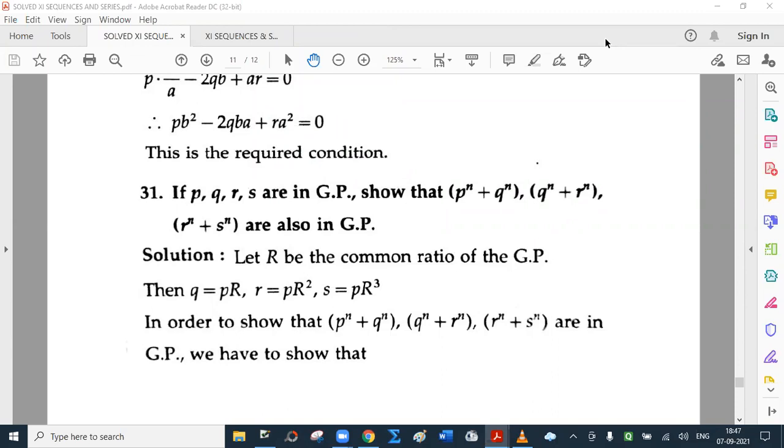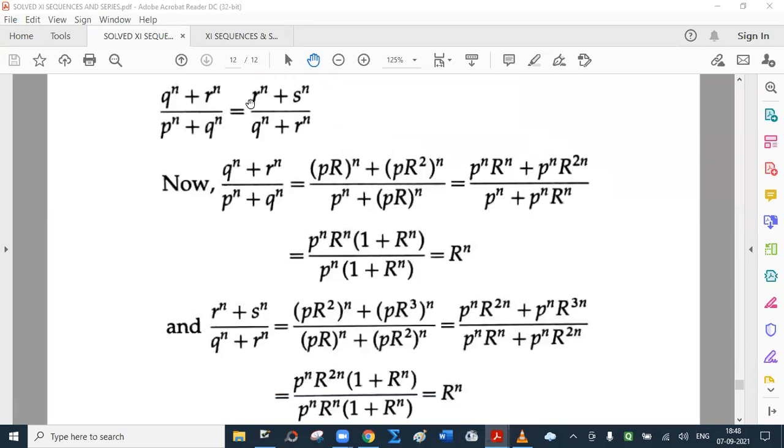Now let R be the common ratio of the GP. Why take capital R? Because small r is already used. So q is pR, r is pR square, s is pR cube. Now to show that these are in GP, we have to show second by first equals third by second. Begin with this, substitute the values.